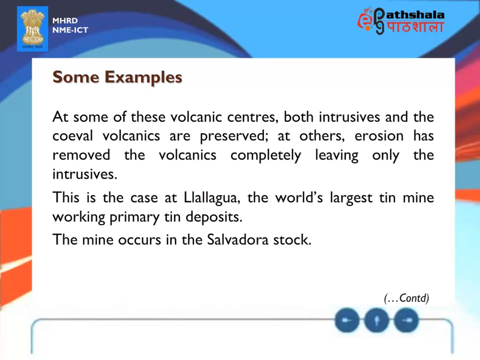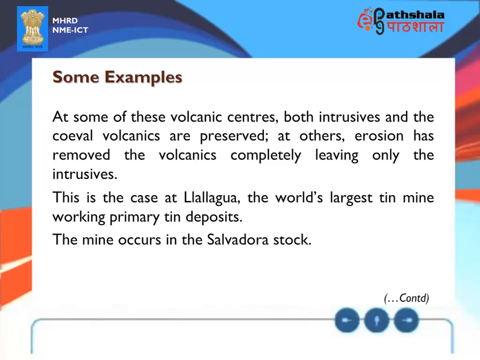At some of these volcanic centers, both intrusives and the coeval volcanics are preserved. At others, erosion has removed the volcanics completely, leaving only the intrusives. This is the case at La Lagua, the world's largest tin mine working primary tin deposits.